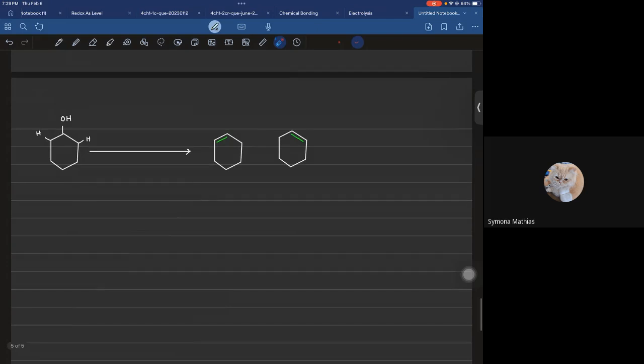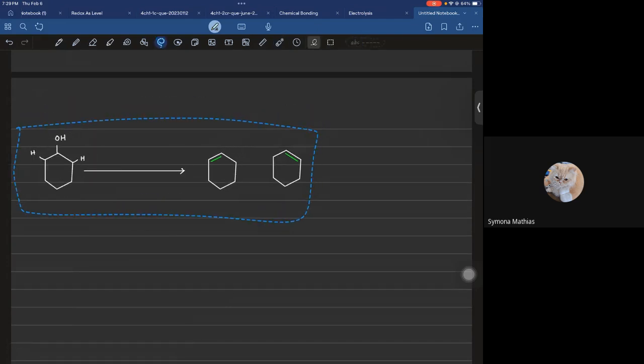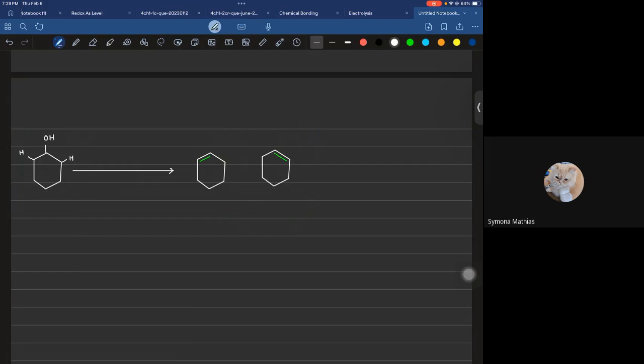Okay. So let me write it down: draw two possible products. Draw two possible products.